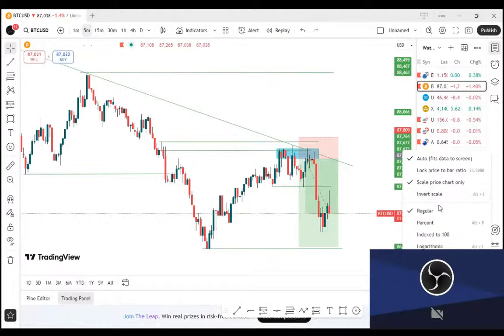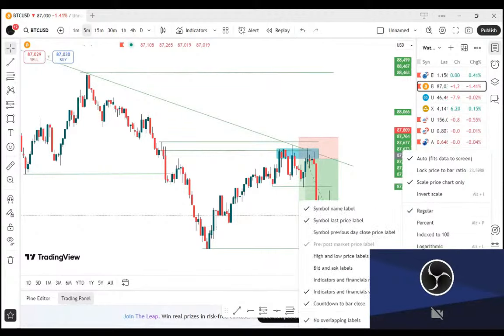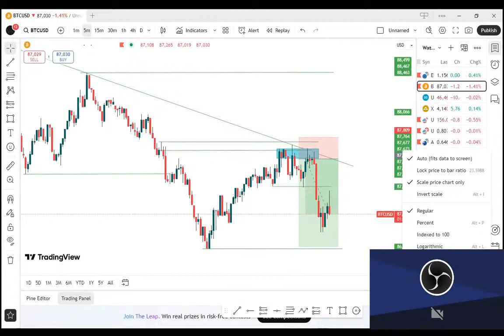In large scale, regular percentage, maybe this normal regular, left chart to the left, level plus settings.